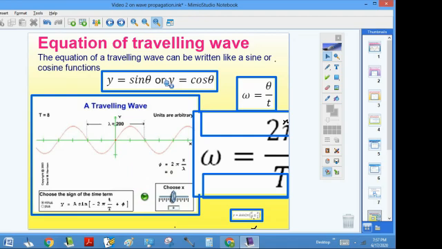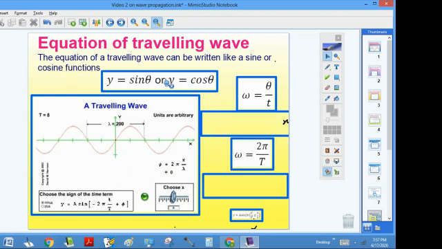So that's why we normally have this representation, that angular frequency is 2 pi over T. This 2 pi means angle, as we can have here. These two equations are describing the same thing. This one is normally in degrees, while this is in radians.